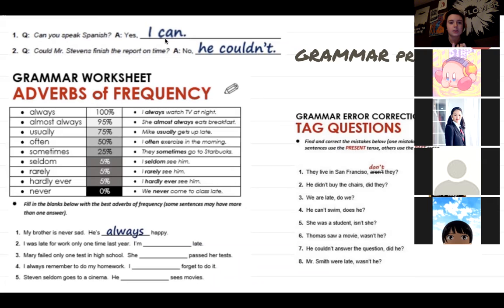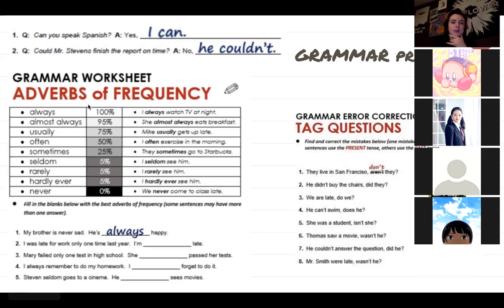This is mostly just can and couldn't statements, and it could even be applied to did. Most of the time the verb is already in the statement or the question, like, can you speak Spanish? Did Bob go for a jog yesterday? No, he didn't, etc. You kind of do what you want with that.